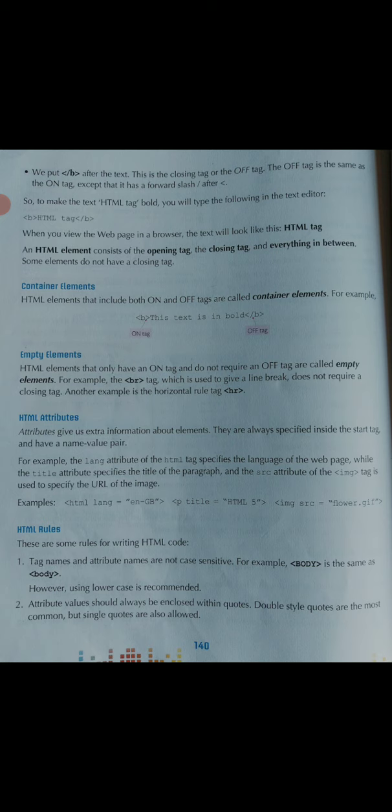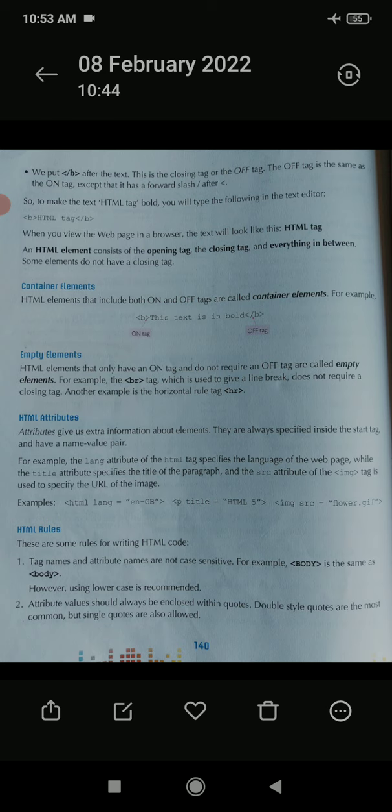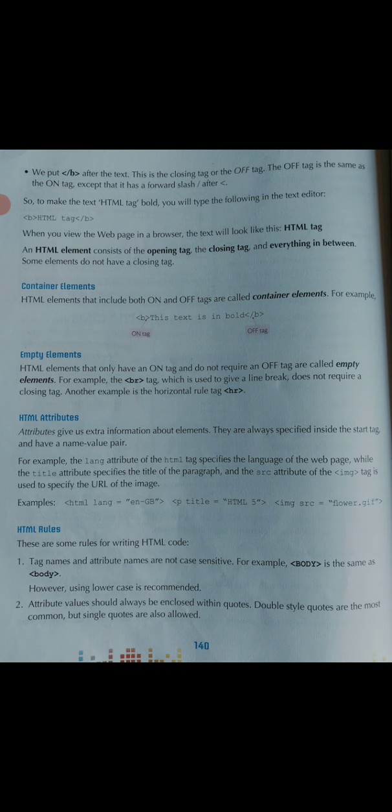Then title means the topic of your paragraph. Clear? Then you will find the src attribute of the image tag, which is used to specify the URL of the image.